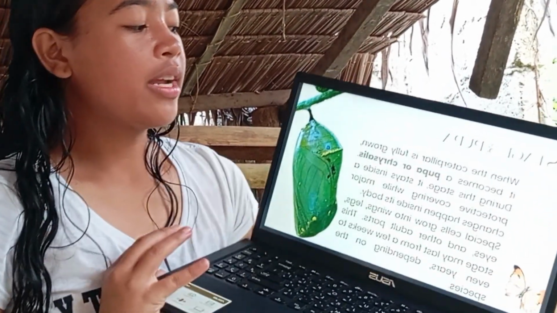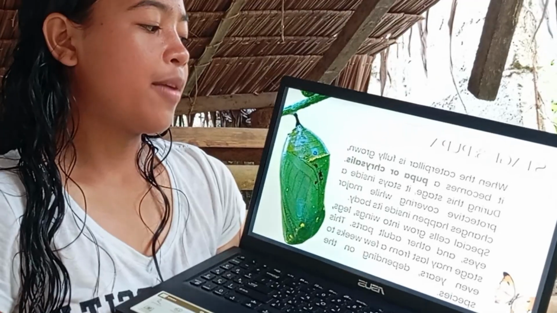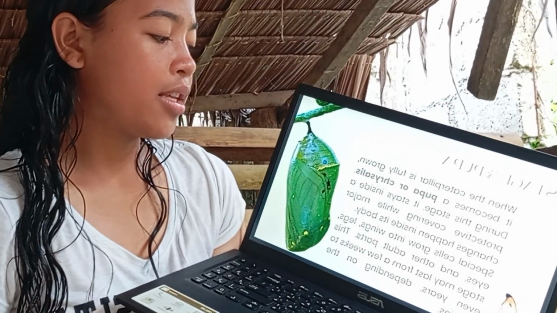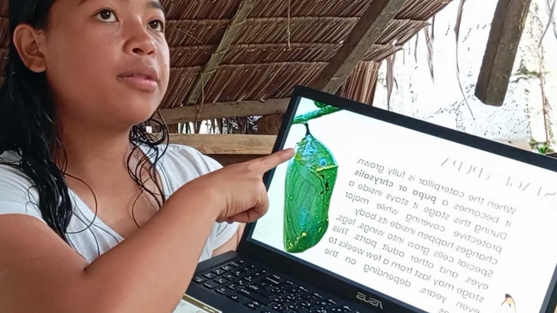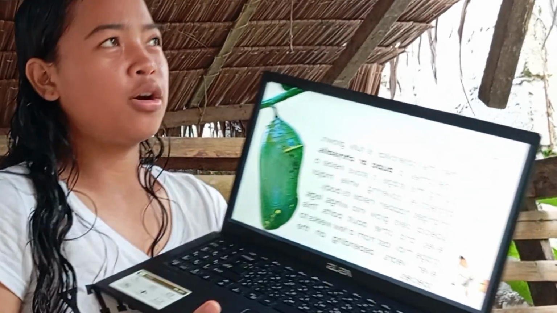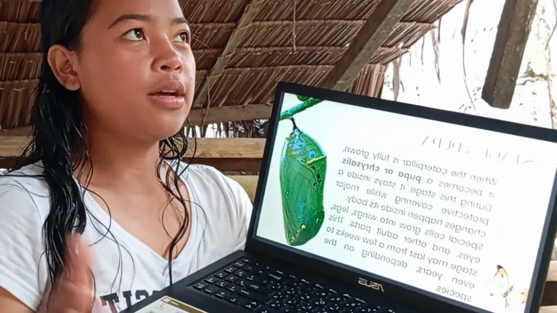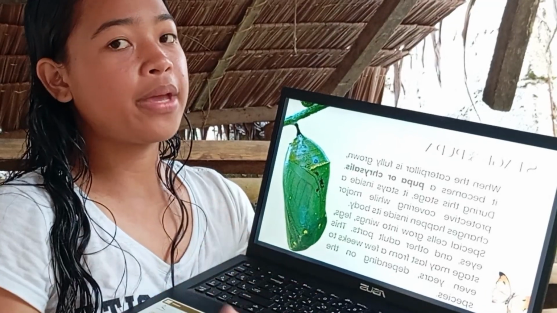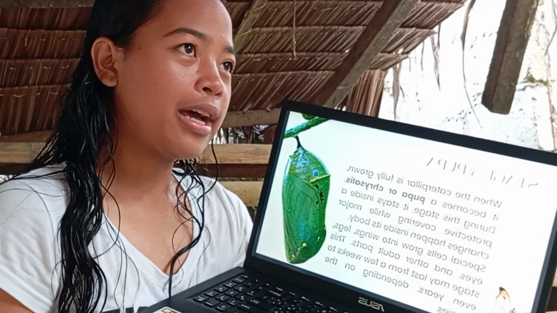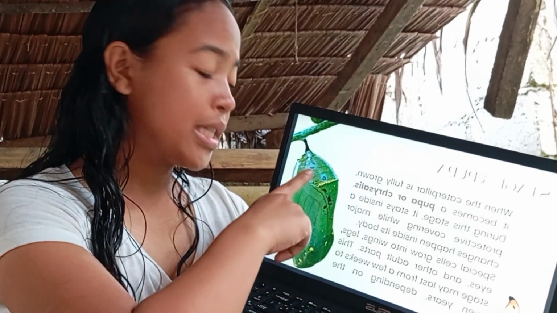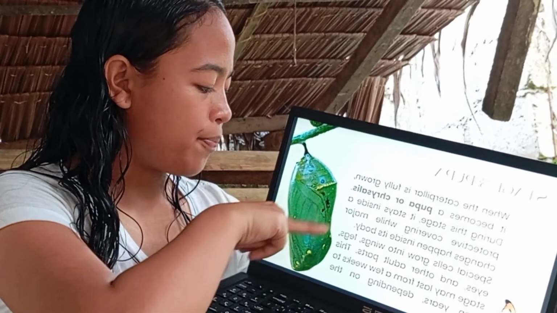So during this stage, it stays inside a protective covering while major changes happen inside the body. Usually this lasts around a few weeks, and sometimes it can be a year. It depends on the species, but mostly butterflies stay for weeks.